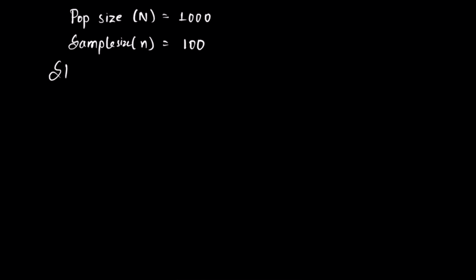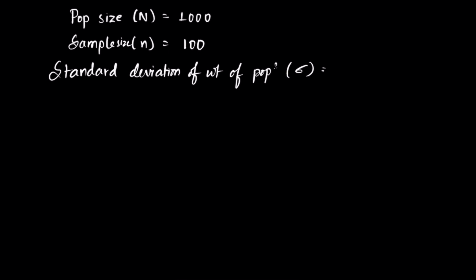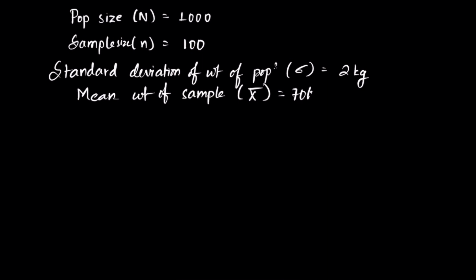Okay. The standard deviation of weight of population, sigma, is equal to 2 kg, and the surveyor calculates the mean weight of the sample to be 70 kg.